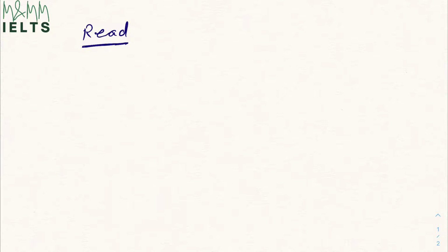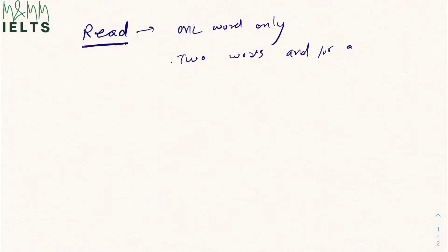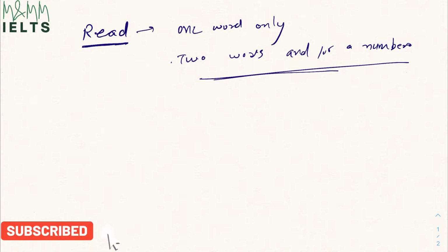The questions will always say something like 1 word answer only, or it may say 2 words only, or 2 words and or a number. So it is very important to read the instructions of the questions.